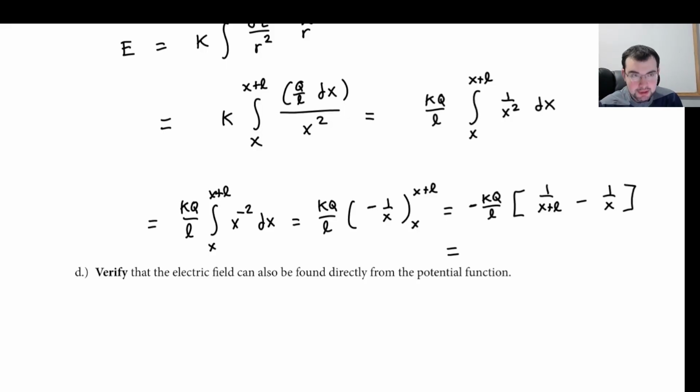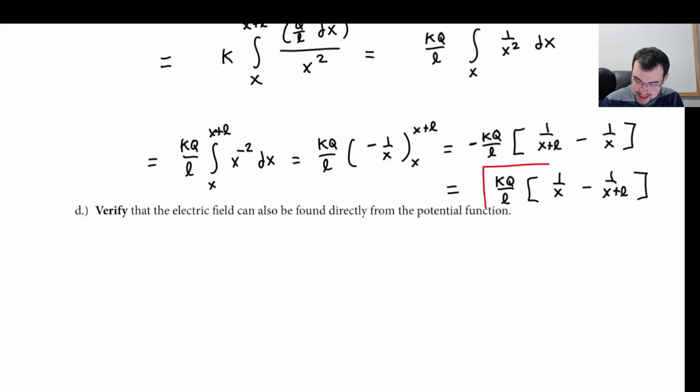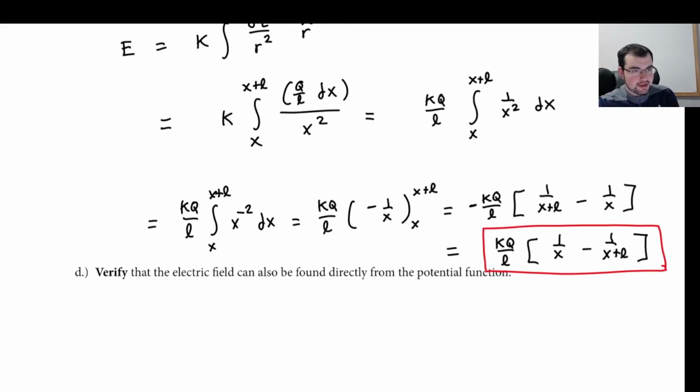Since I typically like to make this a positive quantity out in front, we can flip the sign by bringing the negative back in and get kq over L times the quantity 1 over x minus 1 over x plus L. It's more clear that this is a positive quantity because I have a positive number in front and I am subtracting a fraction with a big denominator away from a fraction with a smaller denominator. All I did in the algebra simplifying is distribute this back in.